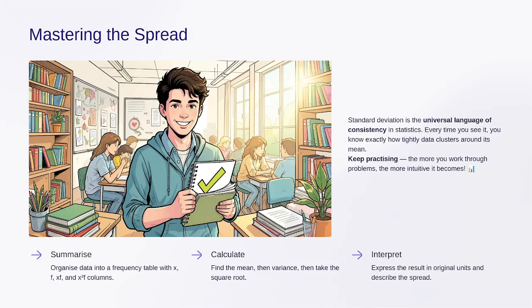Finally, take the square root to obtain the standard deviation. Remember, the standard deviation tells us how spread out the data is. A small standard deviation means all observations are close to the mean. A large standard deviation means the observations are widely spread. The more problems you solve, the easier this topic becomes. So practice more.